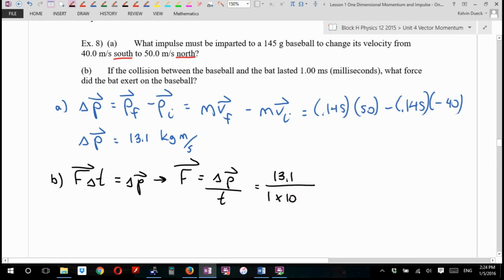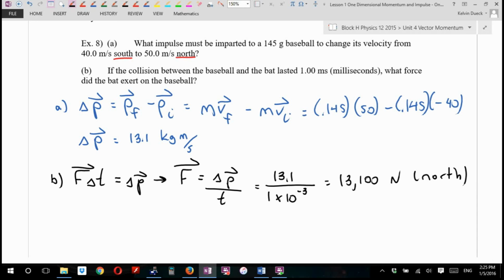Hey, that's on your formula sheet somewhere, too, isn't it? Is it negative 3, I think? Yeah, -3. I think 13,100 newtons. And if you wanted to add a direction, since I got a positive answer, the force must be applied to the north, since that's what Raj let be positive.